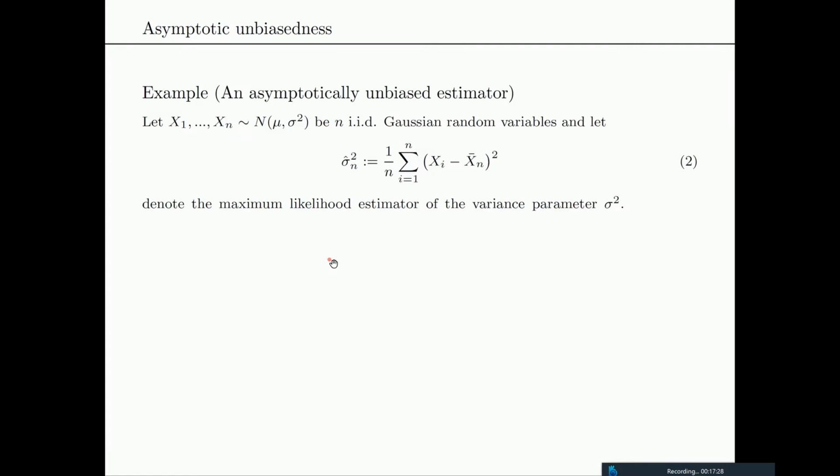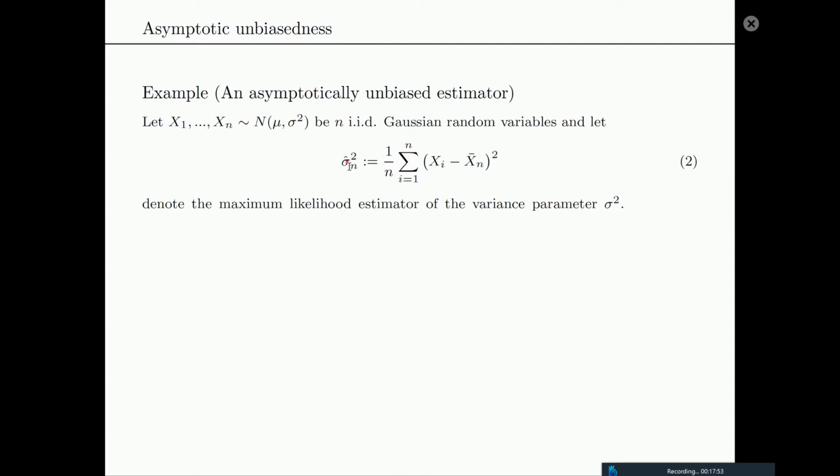This is an example for an asymptotically unbiased estimator. Here we assume we have n random variables distributed according to a univariate Gaussian, and they are IID, which I didn't really have to put in here because this is always supposed to mean that it is a random sample.